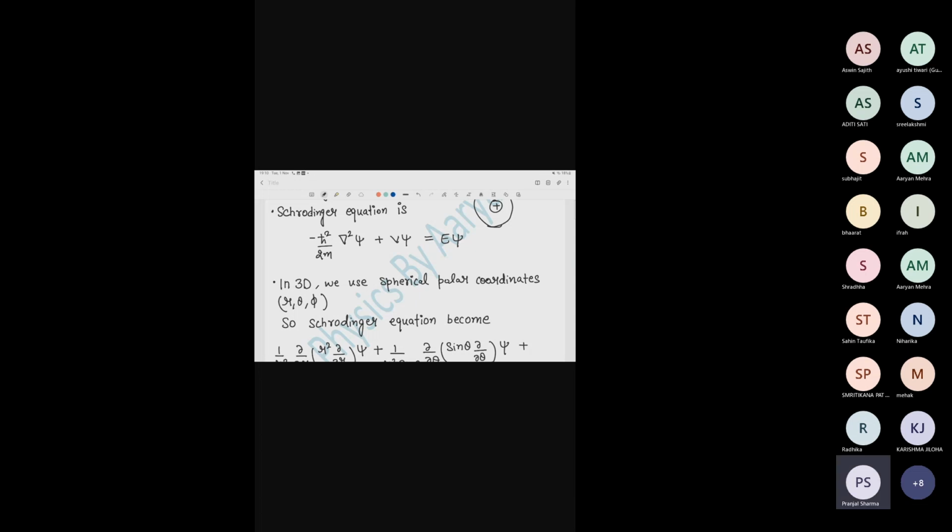Because of symmetry, do we take it? Which symmetry? The spherical symmetry. What is spherical symmetry? How do you know it's spherical symmetry?